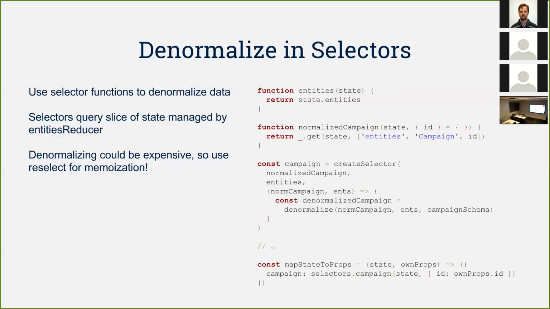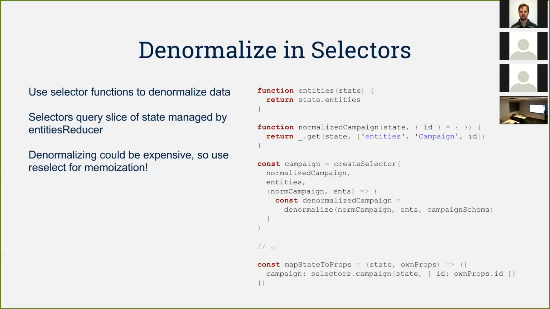So this is how these reselect selectors look. The syntax may be a little bit different from what you're used to seeing. But we first have an entity selector, which just grabs that entity store, which I showed you a few seconds ago. Then we have a selector which is responsible for getting the normalized campaign out of the store. It does that by passing an ID to it, and it grabs that campaign.